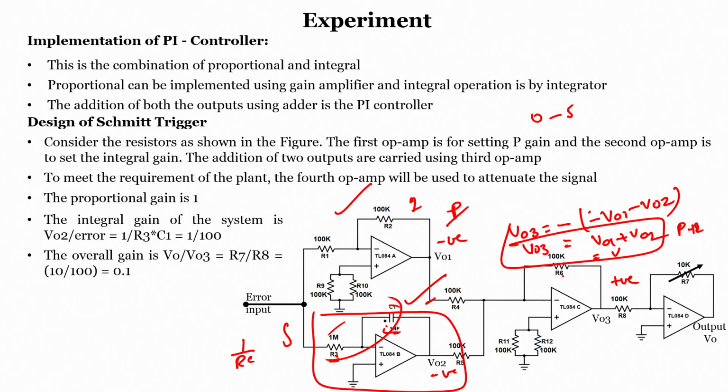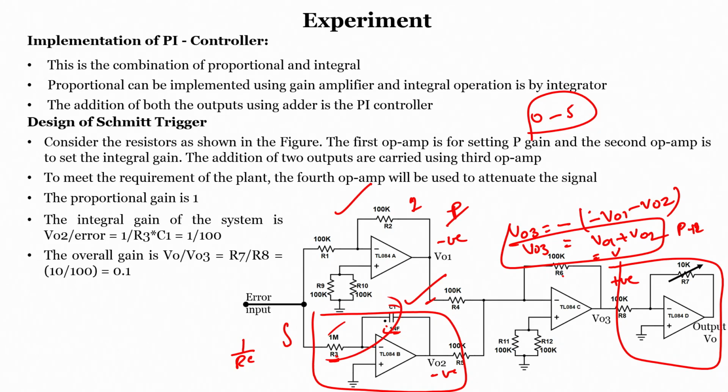So in order to maintain that range, we are using one more operational amplifier, which attenuates. The gain of the system is 1 by 100 in this case.